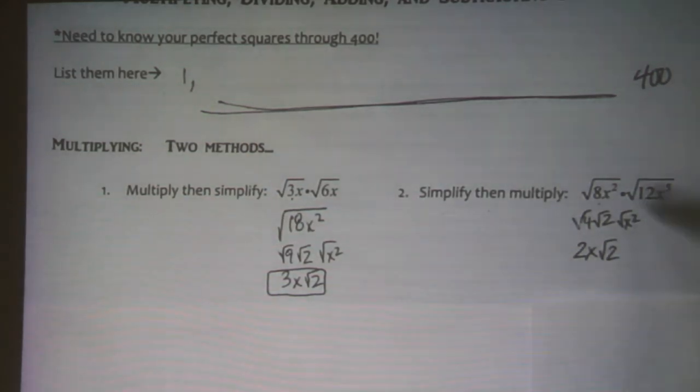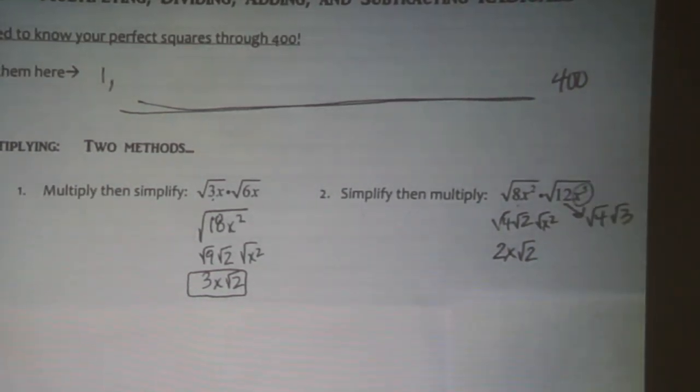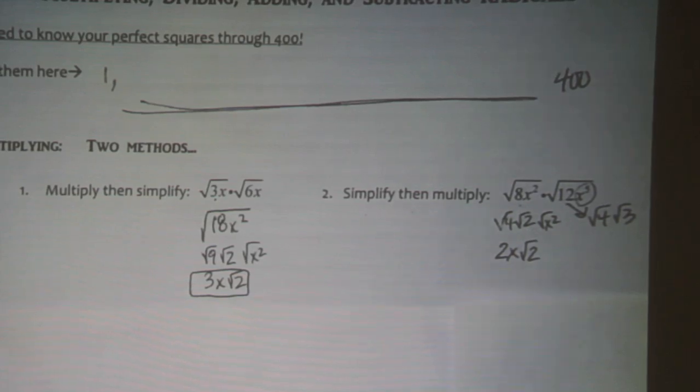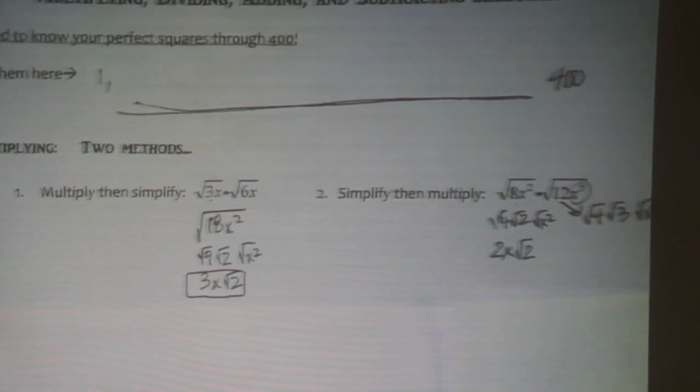Then you look at the square root of 12x to the 5th. Let's put it over here. The biggest perfect square that goes into 12 is also 4. You're left with a 3. And then x to the 5th, remember perfect squares in exponents are even numbers. So the biggest even number before 5 is 4, so I'm going to make this x to the 4th, and that gives me 1x left over.